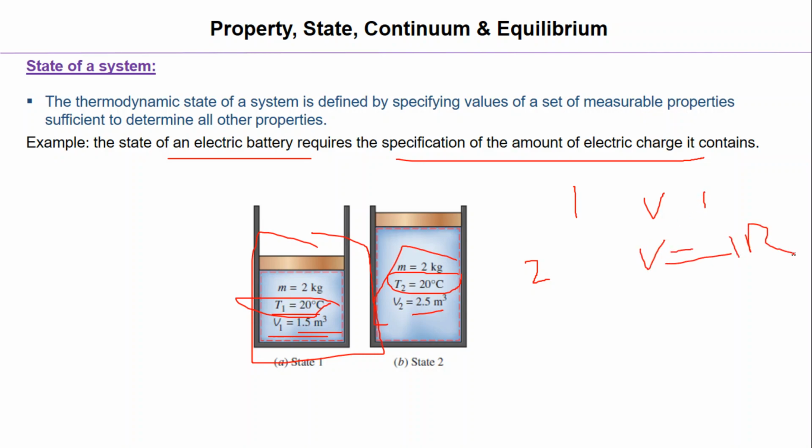So we need any two properties to understand what kind of battery this is. So always we need some properties to define the state of the system. There should be a minimum number of properties from which all other properties can be calculated or measured.